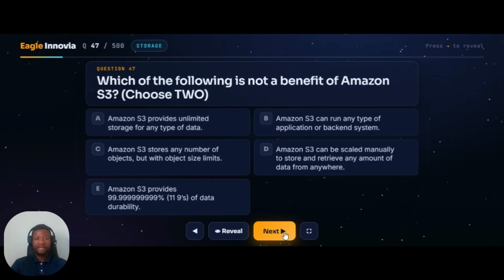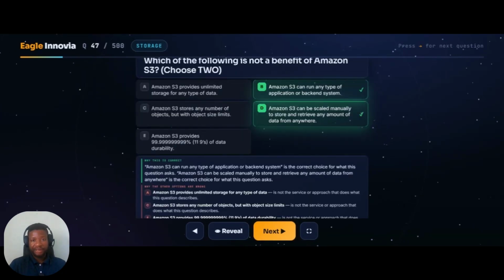The answers are B and D. The scaling of S3 is not done manually, it's automated. Likewise, Amazon S3 cannot run all types of application or backend system.